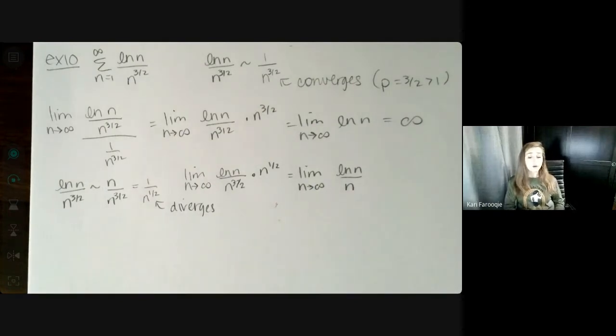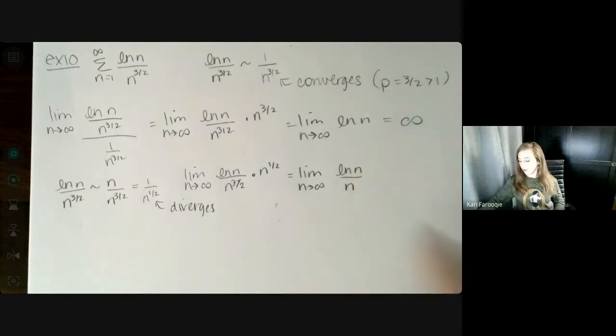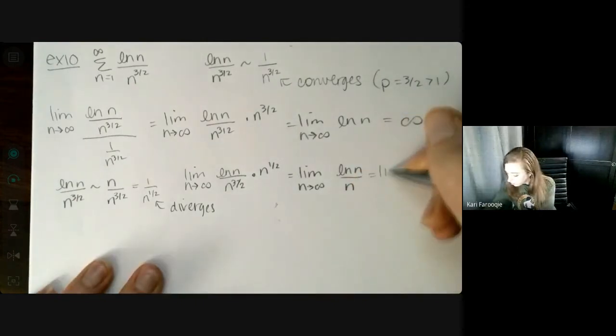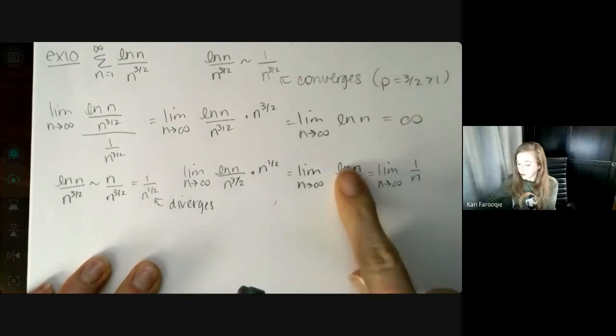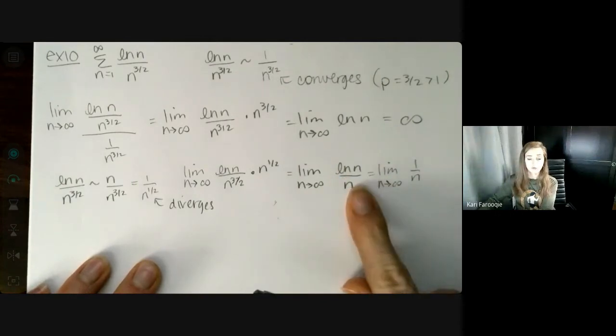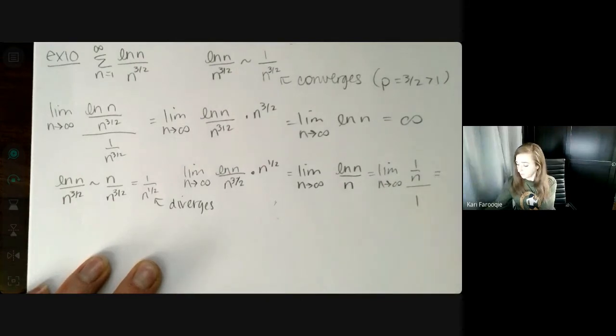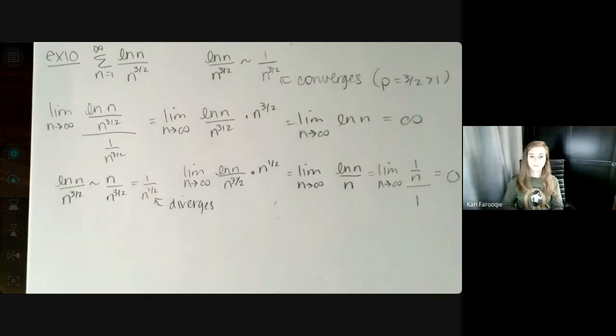Now, you could use L'Hopital's rule here if you'd like, or you could just use the fact that n is growing more rapidly than the natural log of n. If you feel more comfortable using L'Hopital's rule, that's fine. The derivative of the natural log of n is 1 over n, and the derivative of n is 1. And then as n approaches infinity, this quantity would approach 0.